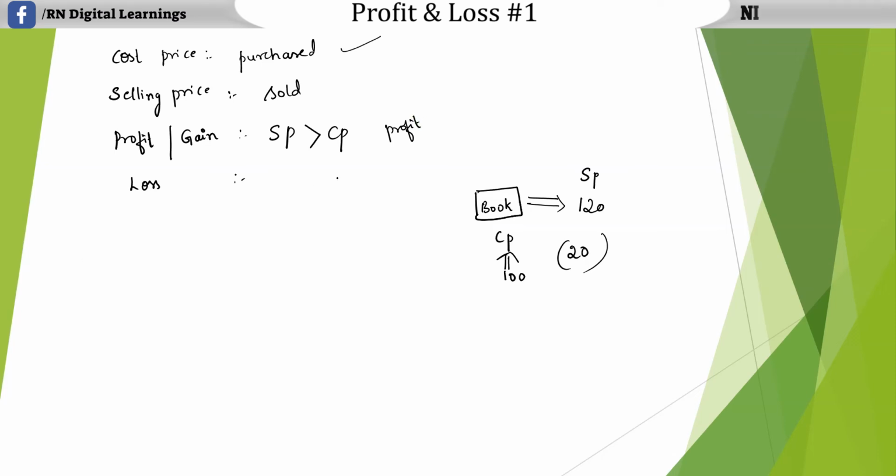Now what is loss? Suppose I am selling the same book for 80 rupees instead of 120. I am in loss. I have invested 100 rupees to purchase the book, and if I sell it for 80 rupees, I am in a loss of 20 rupees. So in this case, cost price will be greater than the selling price.